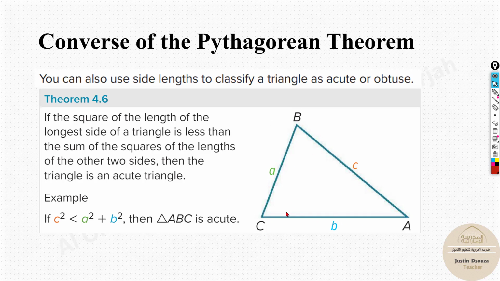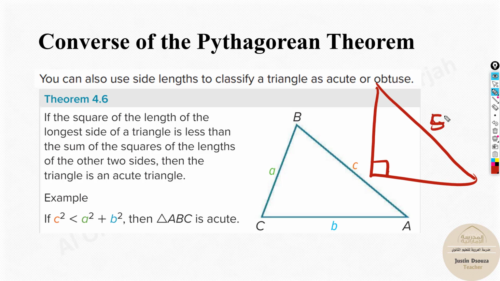It's not equal. So see, if it was equal, let me just draw it. 90-degree, right? This is 90-degree. Now here, this hypotenuse, if it's 5, this is 3 and this is 4. When you add the squares of these, that is equal to this. So it's absolutely 90-degree.